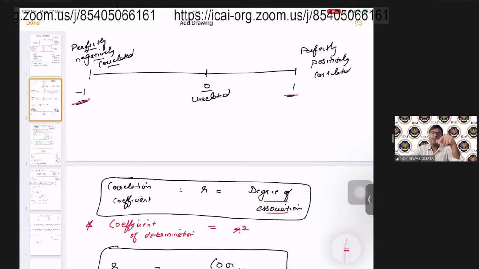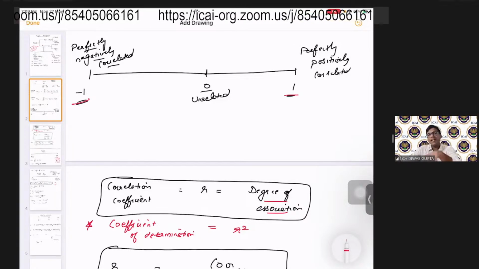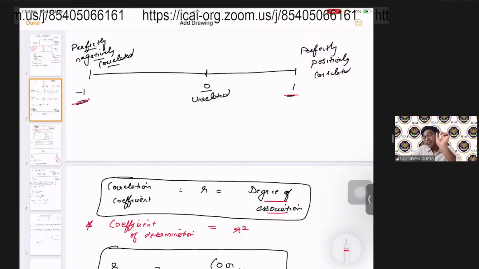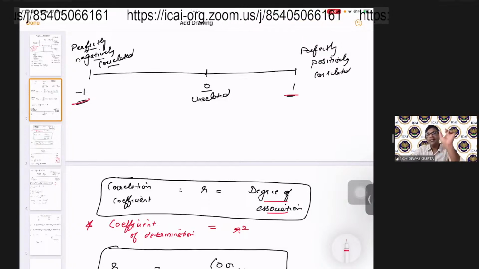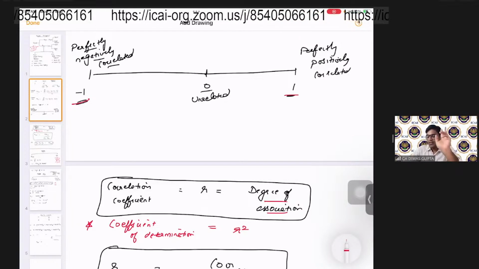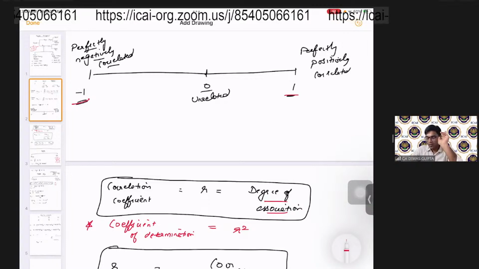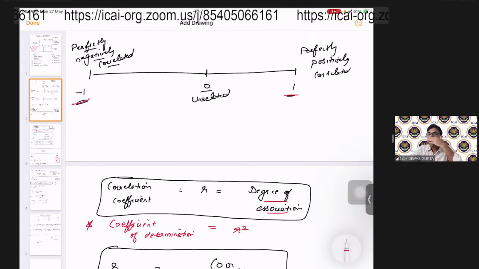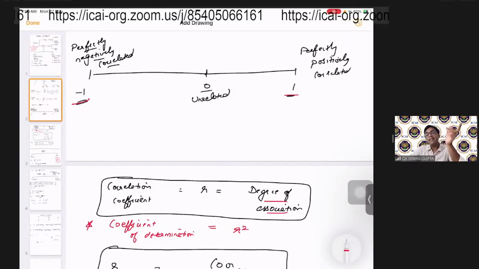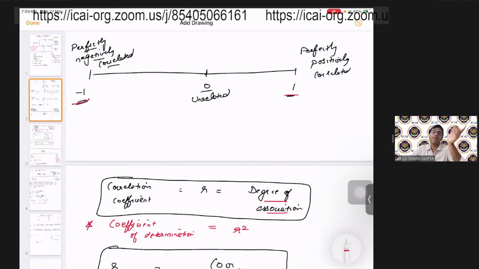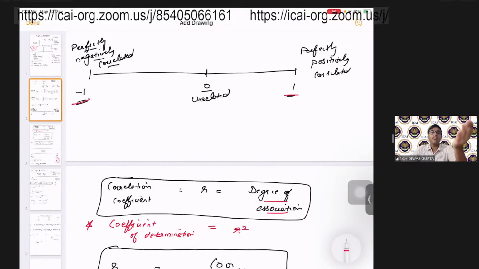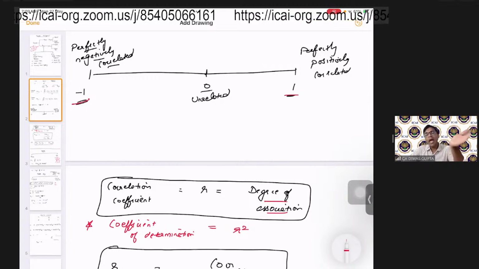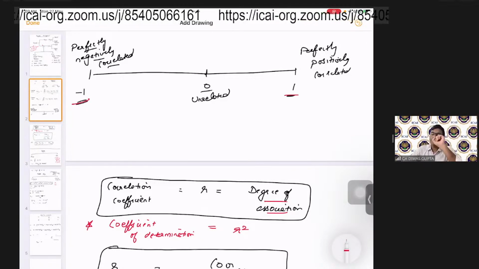That means if the X limited goes up, Y limited goes down with the same extent. Okay. See, it is telling you two things. Correlation coefficient is telling us two things. One is the direction of movement, and second is the extent of movement. Correct? So -1 will mean opposite direction and exactly same amount.